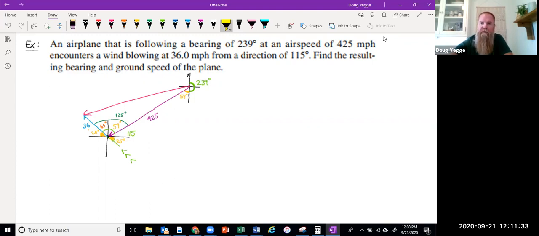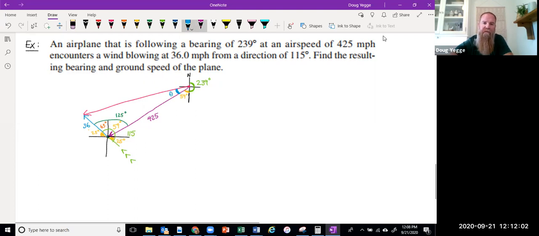We're trying to find the resulting bearing, which really means that we need to recognize that if this piece right here is 239 degrees, we're trying to find the additional angle that we need to turn through in order to get to the correct bearing. Let's call that theta.